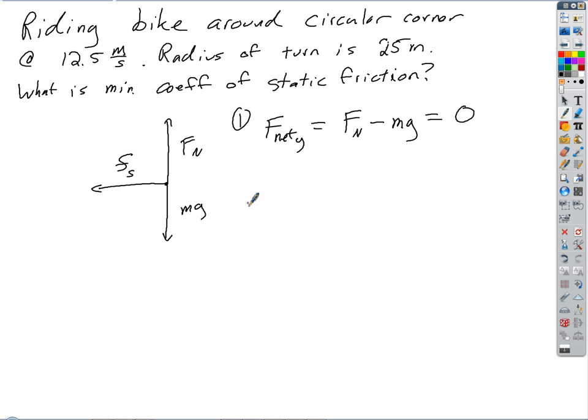Second equation of motion, the net force, and in this case, the net force acting horizontally is the centripetal force, isn't it? Right? So I'm going to call that, I guess I could call it the x component of the net force, but what it really is the centripetal force, right? So what is providing the centripetal force? Friction, good.